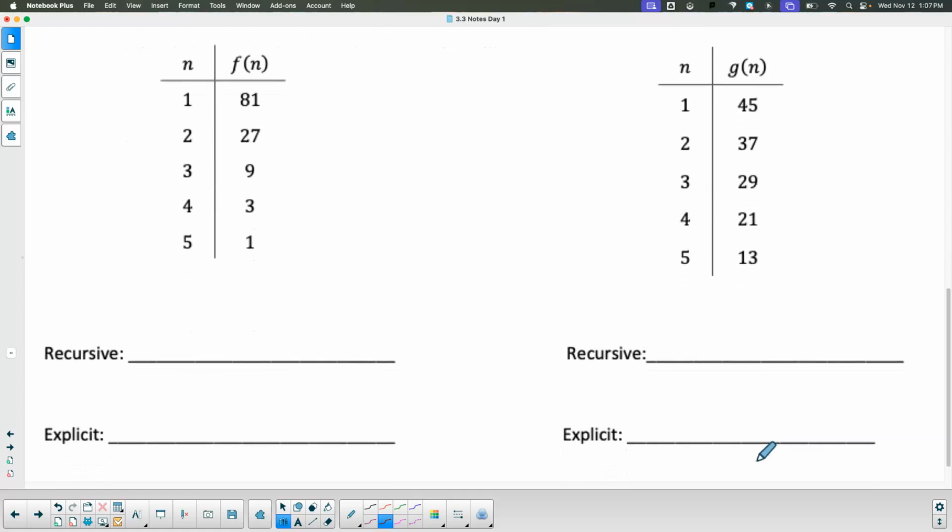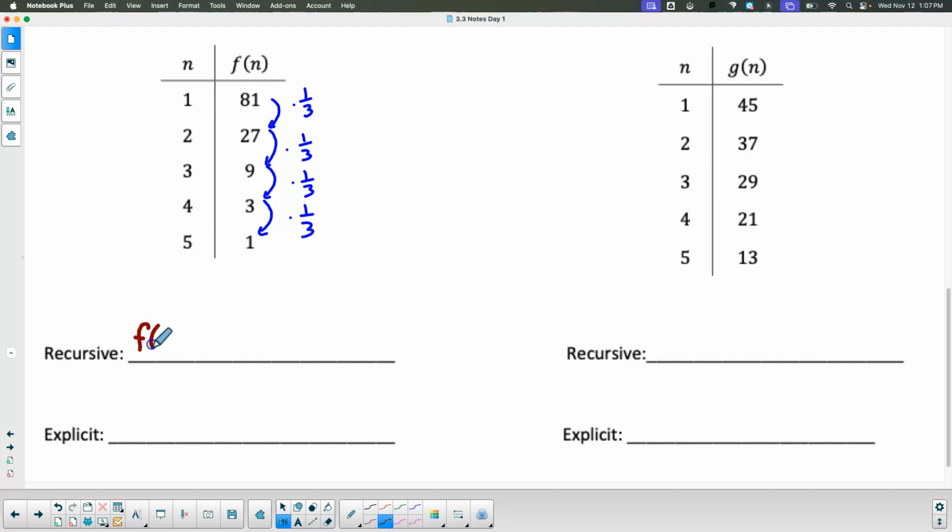Explicit and recursive functions going on here for this one. Here I am multiplying by 1/3. Here I am multiplying by 1/3. So clearly I am multiplying every time by 1/3.